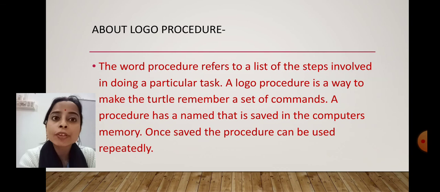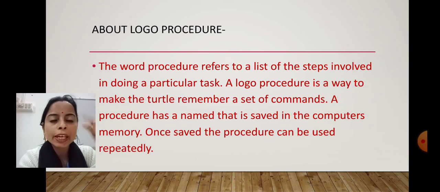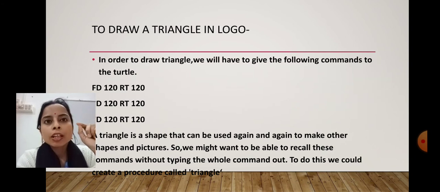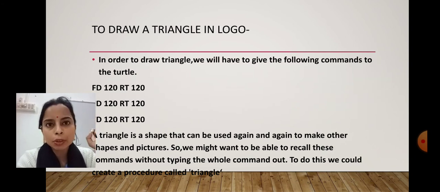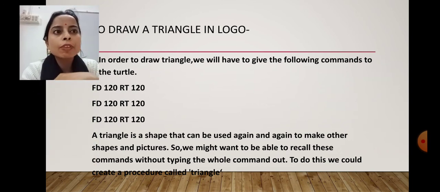So a logo procedure is a way to make the turtle remember a set of commands. One time only we give the turtle the set of commands to remember. Okay, suppose we want to draw a triangle in logo. What do we do? In order to draw a triangle, we have to give the following commands to the turtle.